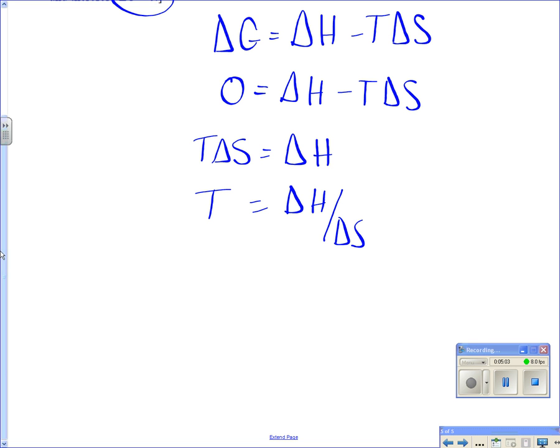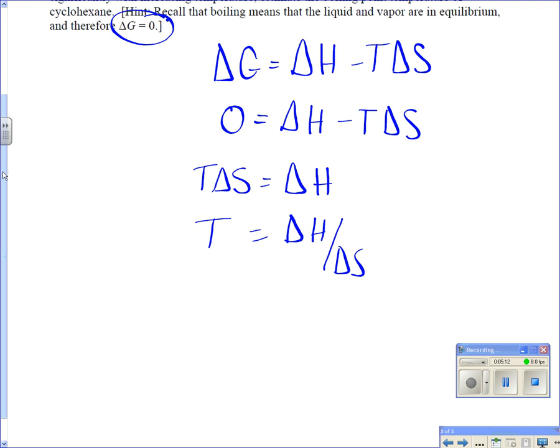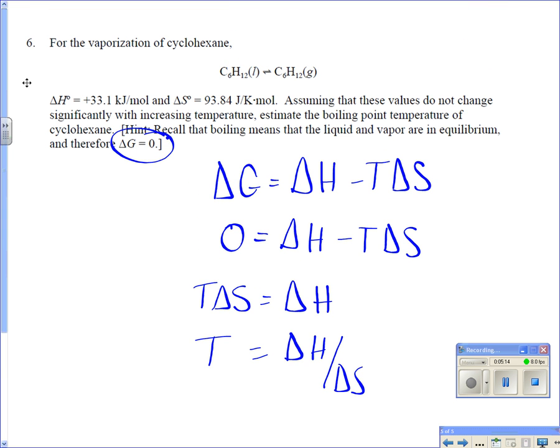So then let's just plug in. But what do we need to remember? We want to plug in our numbers, but again, always look at that unit. For delta H and delta S, they have to match, joules and kilojoules. So I'm going to move my delta S over, like I always do, to 0.09384.